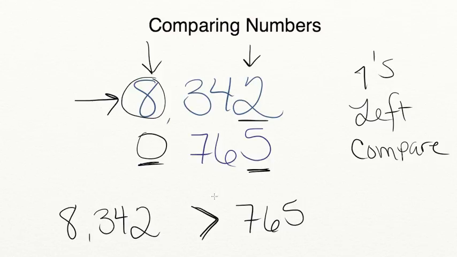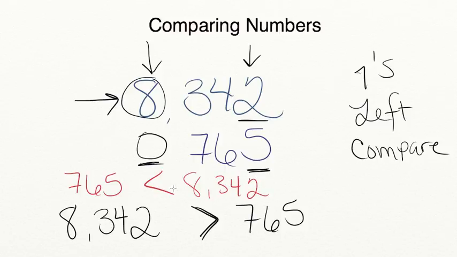The greater than symbol has the larger number on the larger opening of the side and has the smaller number on the smaller opening of the side. So we could also write this as 765 is less than, with a smaller part at the smaller number, 8,342. With the larger number on the larger side. Are you ready to practice a few problems?